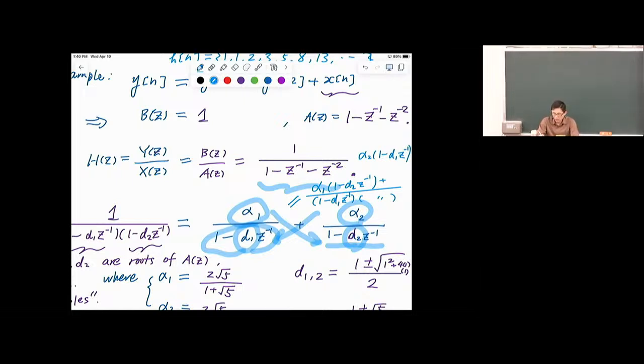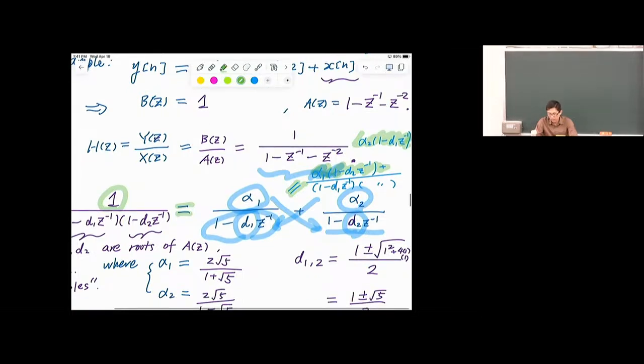Now we can force this term to be equal to 1. When we force that, note that we already know the roots d1 and d2. They are equal to 1 plus or minus square root of 5 divided by 2.